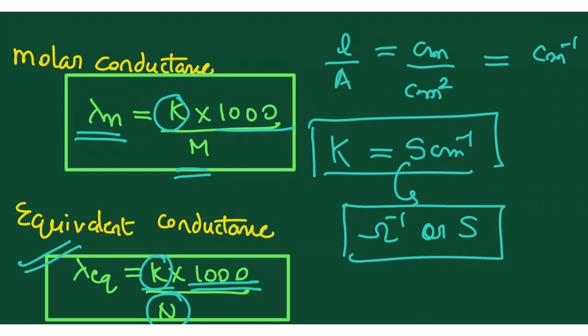The unit of conductance is ohm inverse or Siemens, and the unit of kappa, conductivity, is Siemens centimeter inverse, because it is C into x.